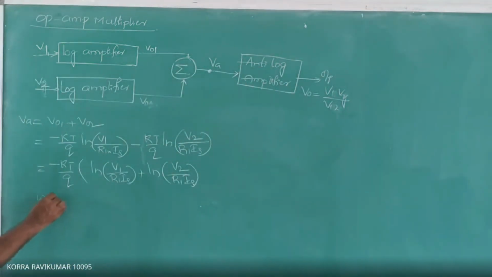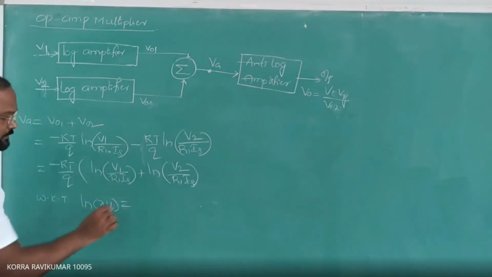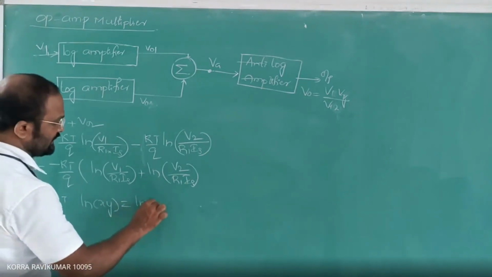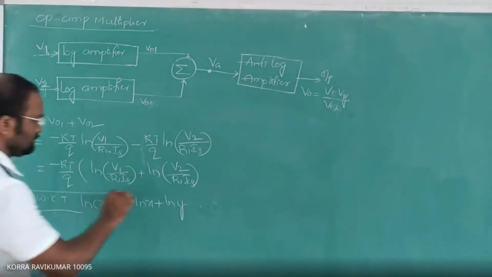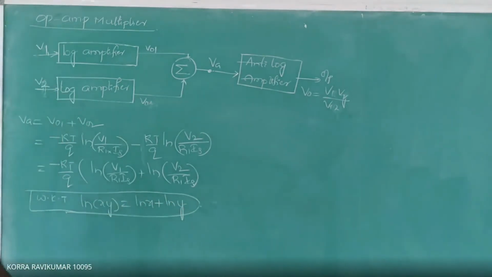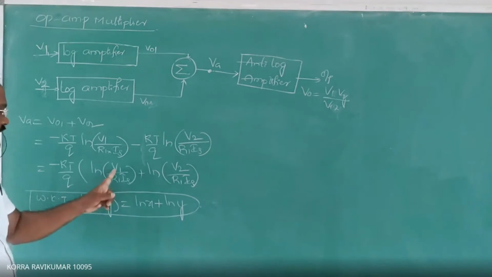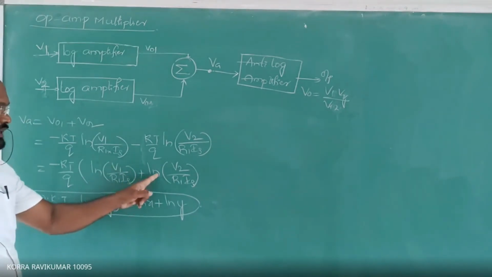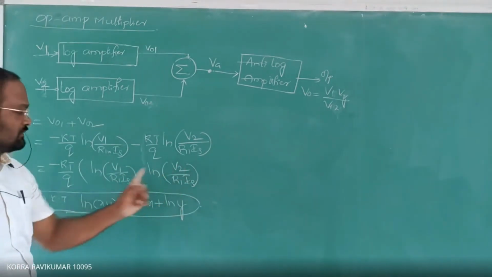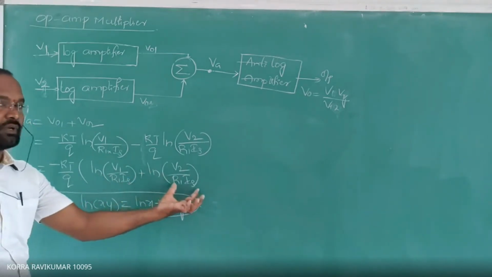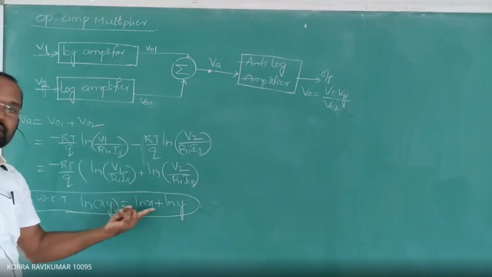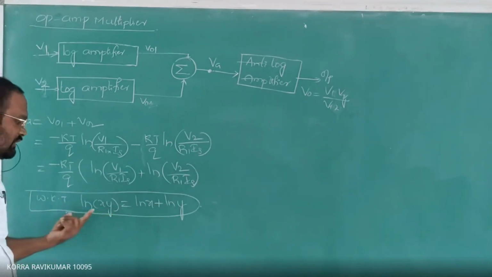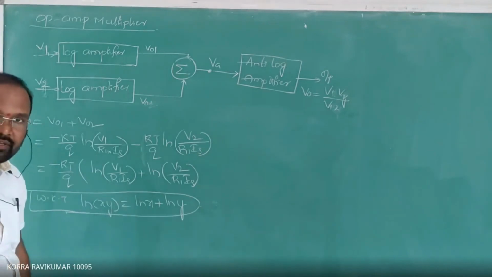We know that natural logarithm of xy is equal to natural logarithm of x plus natural logarithm of y. This is a well-known formula. Natural logarithm of x plus natural logarithm of y is equal to natural logarithm of xy.